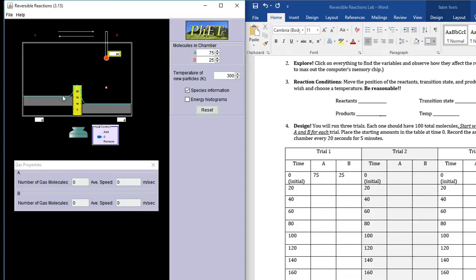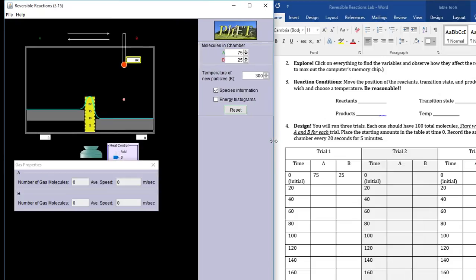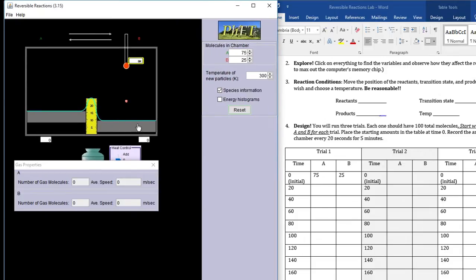So this is the activation energy required to get particles of type B to move over to A. And this is the activation energy required to get particles of the A type to become B. Oh, sorry, the B type to become A. And this is for A type to become B. So we'll see that there's a higher energy need on this side than there is on this side for change. Now, let's see what the effect of that is. So I'm going to start collecting data and we'll see where it goes from there.